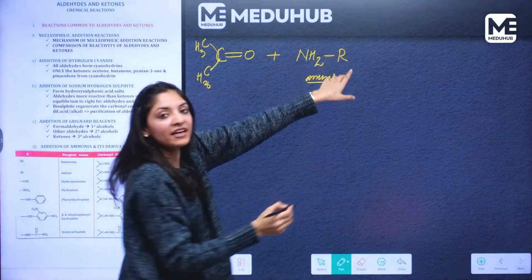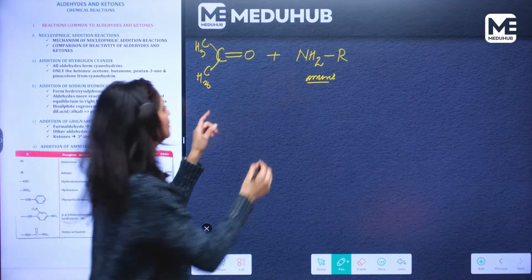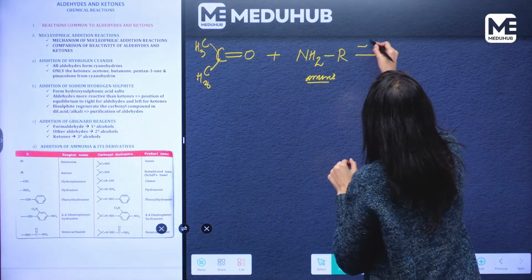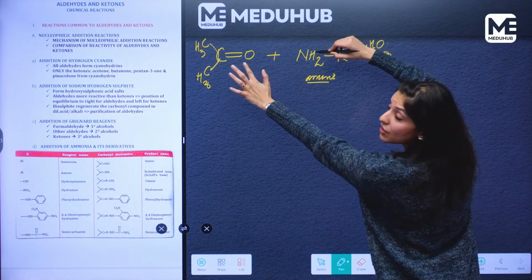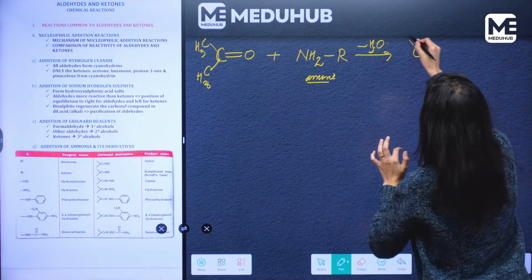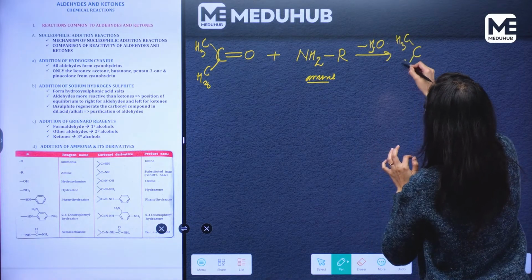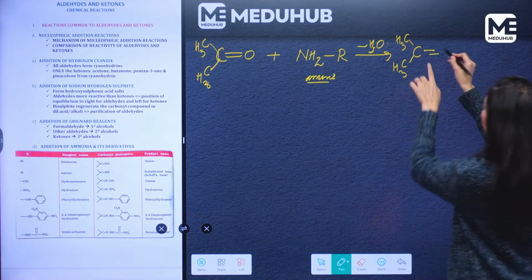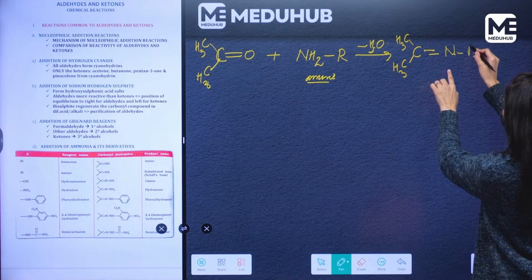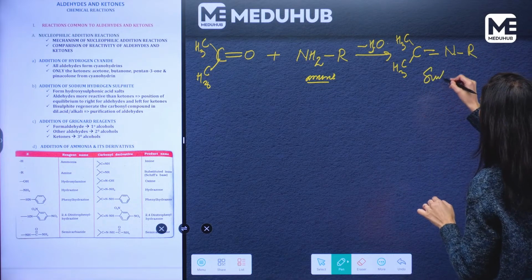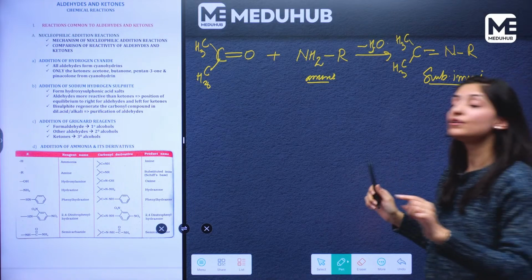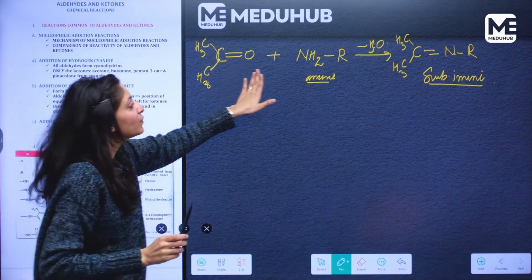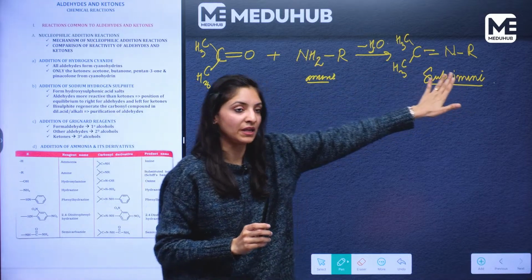That means an alkyl group is attached to NH2 here. These two hydrogens, this oxygen will go away and we will get a substituted imine, double bond nitrogen R. This is a substituted imine or a Schiff's base. So the reaction of a carbonyl compound with an amine gives a substituted imine.